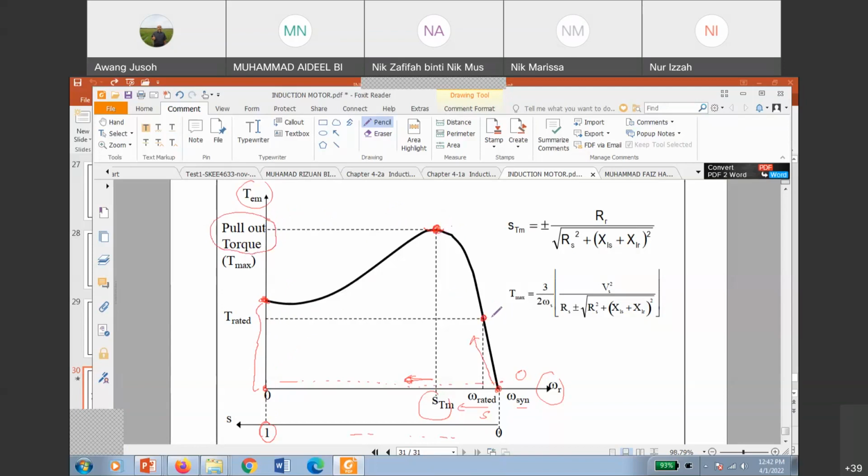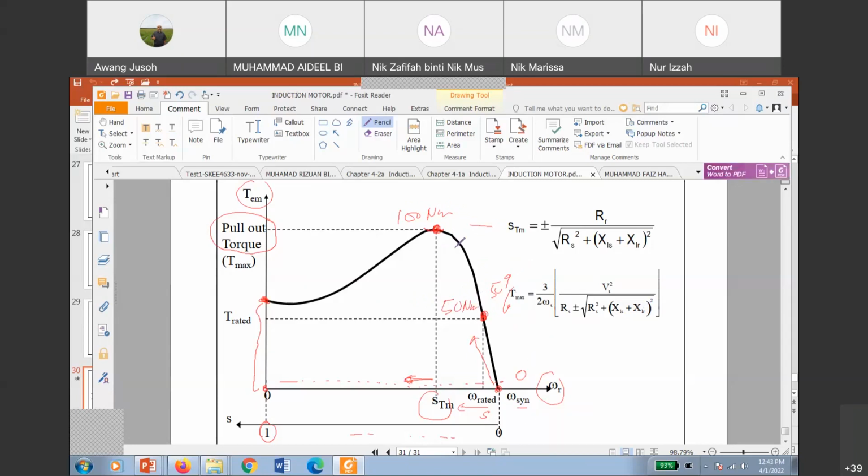Normally the rated torque is in the middle, between 0 torque and maximum torque, maybe about 50 percent like that. That is what you call the rated torque. For example, here is 100 Newton meter. If the motor drives 15 Newton meter, that means the motor drives at rated torque, about half of the maximum torque.